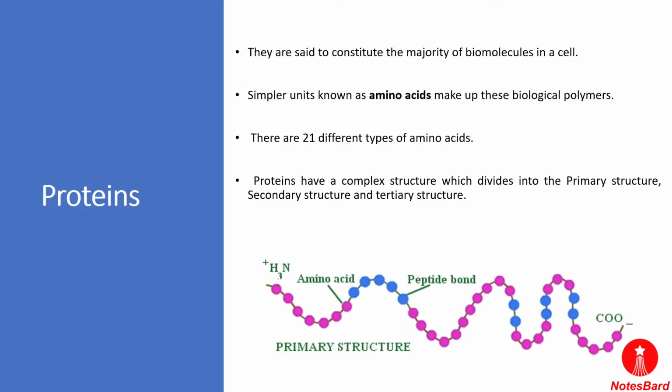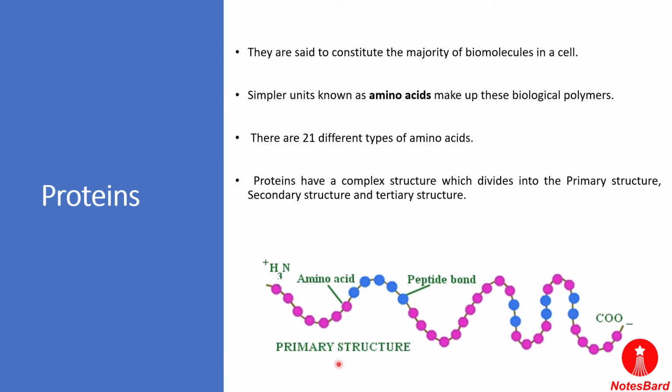Now proteins. Proteins are said to constitute the majority of the biomolecules in the cell. The simpler unit of these biological polymers is known as the amino acids. Here is a diagrammatic representation of the primary structure of the protein.